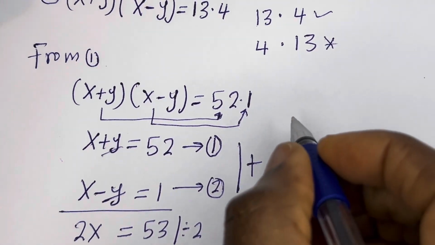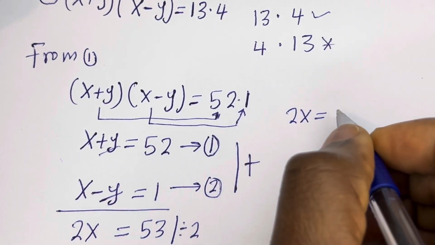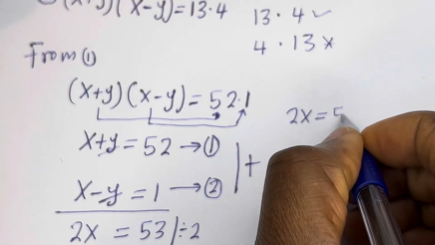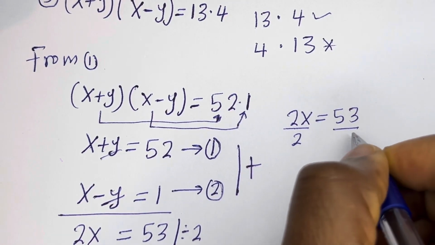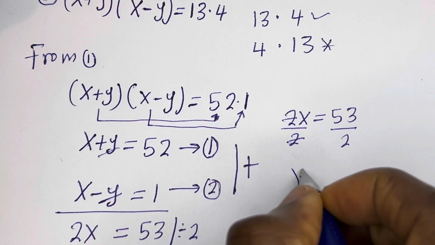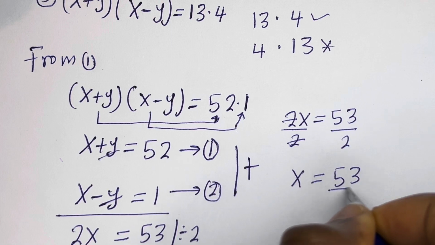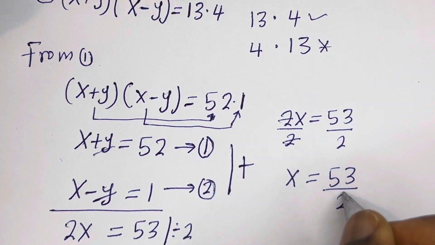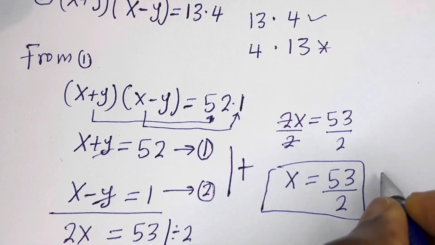So here we have 2x is equal to 53. This divided by 2, this divided by 2. x is equal to 53 over 2. This is not a natural number, so it is rejected.